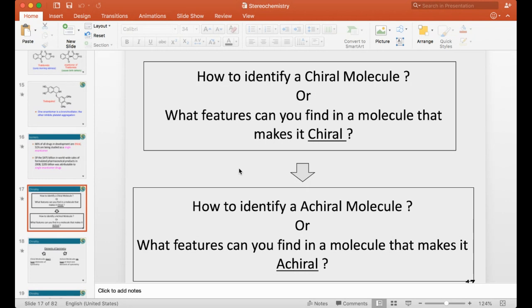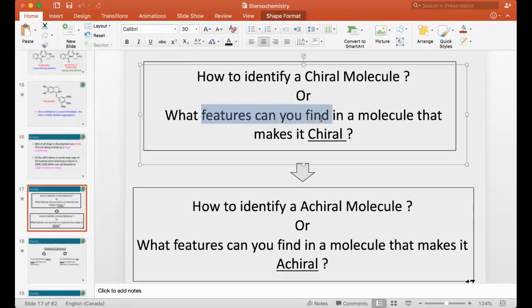But then the question is now, are there any features that you can find in a molecule that will make the molecule chiral? Is there anything in the molecule that you can look for, and if you find it, then you can say this molecule is chiral? You don't even need to draw the mirror image or anything like that. You can make sure that it's chiral. Or the reverse.